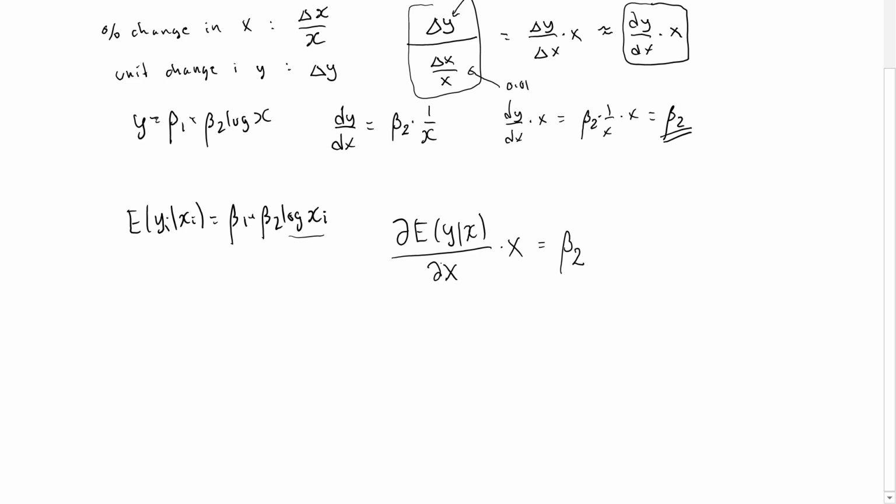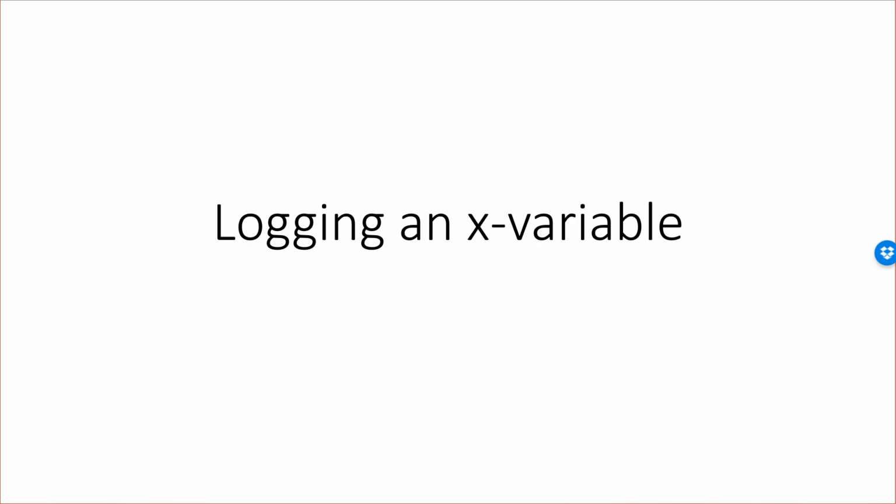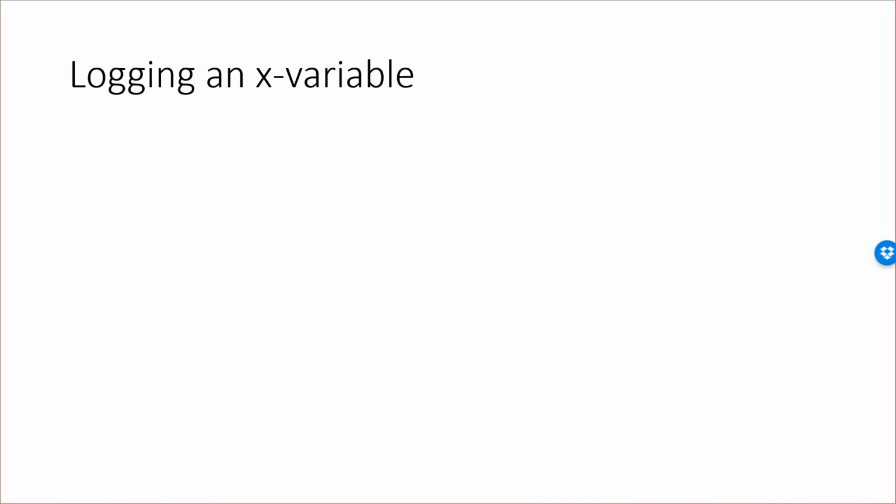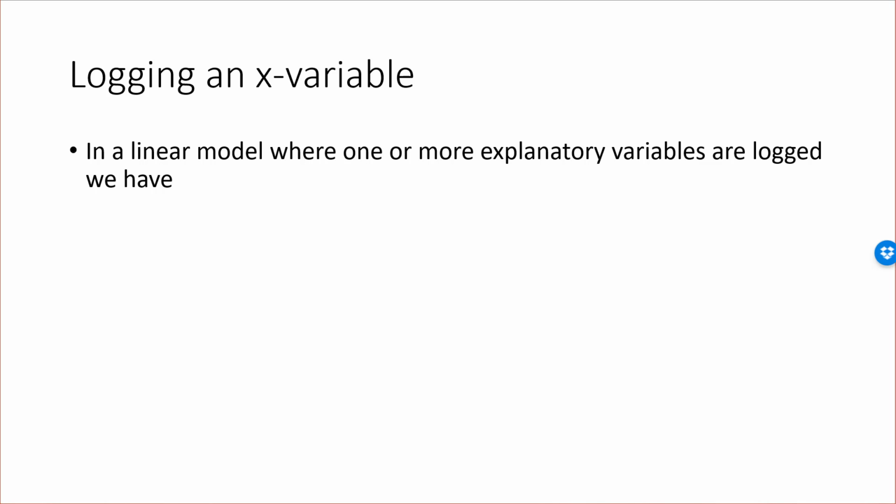We can generalize this result, of course, to several explanatory variables. So we have the following results for when we log the x variables. If one or more explanatory variables are logged, then the corresponding beta parameters of the logged explanatory variables must be interpreted like this.